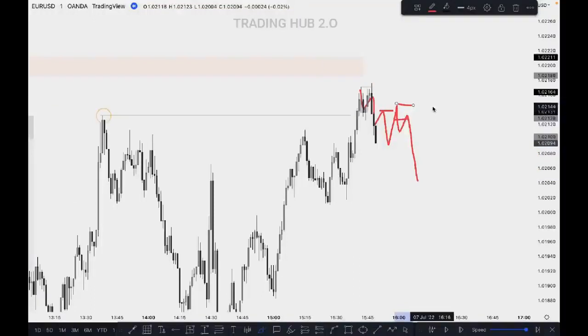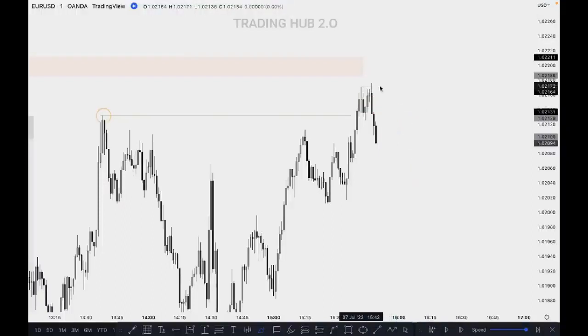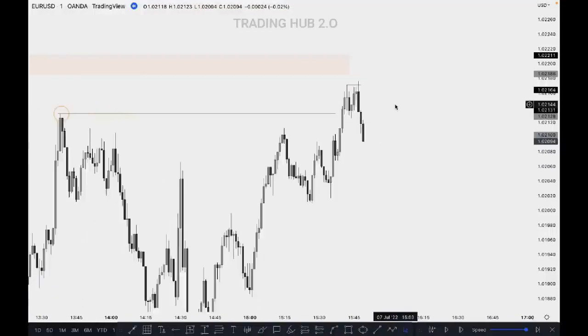But the market created a situation here where you can see price has been taken out and closed below it, so you have to apply entry type 3.